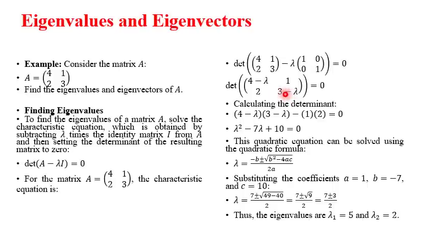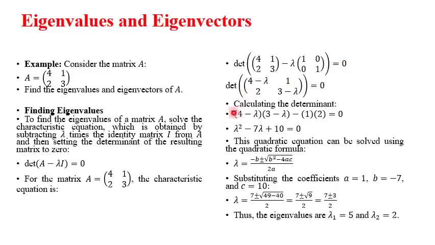So the next step is to find the determinant of this, and of course we've been setting it to 0. So please note that we've got 0 here. That is just an omission.